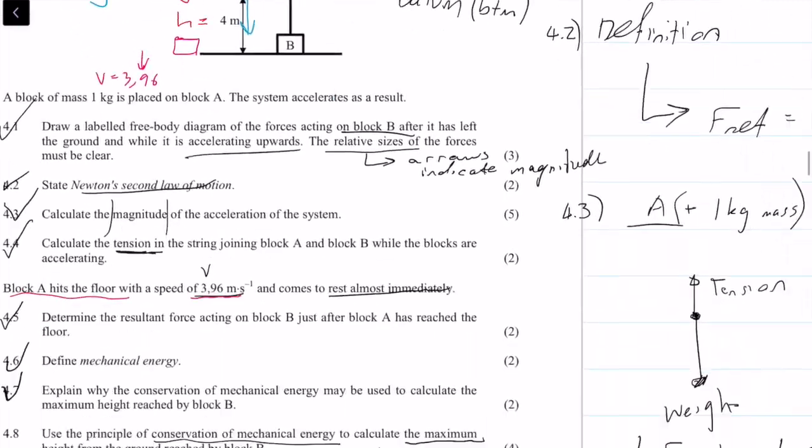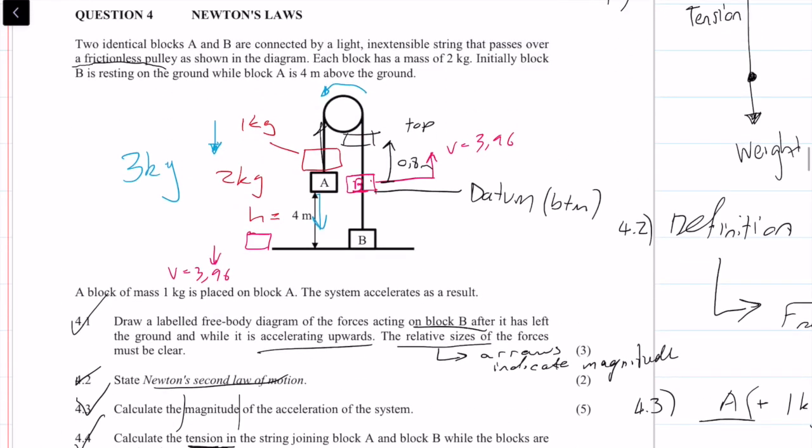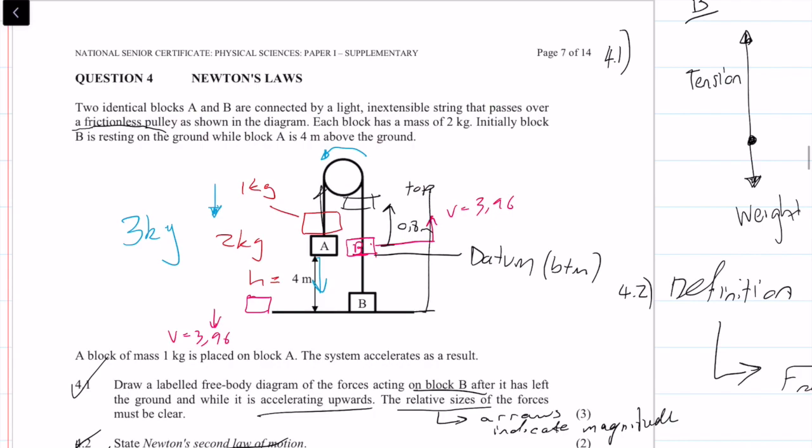But the question asks for the maximum height from the ground. So from the ground, it would be this total height right here.